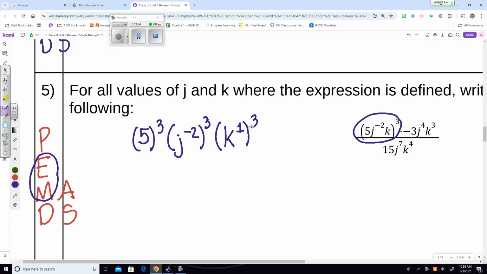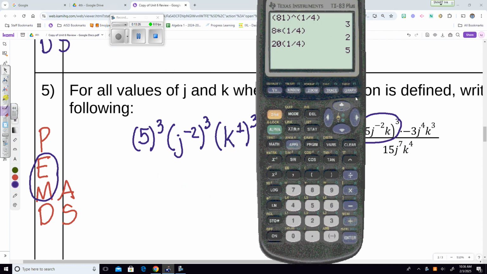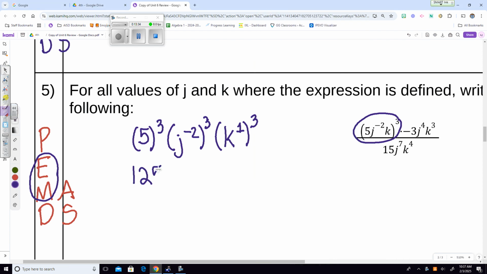So for the coefficient, just type it in. It's going to be 5 caret 3. And what do you get? 125. And if you have exponent to exponent, we said we would multiply. So on the j's, negative 2 times 3 is negative 6. And on the k's, 1 times 3, 3.